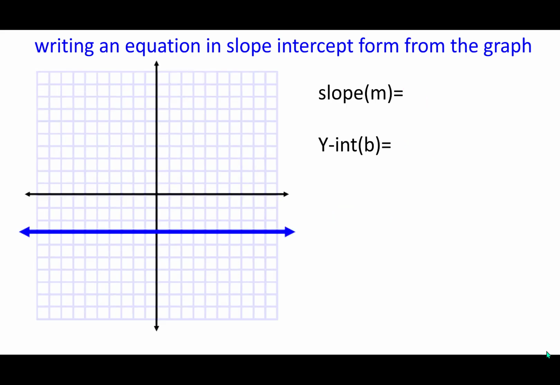All right, so let's talk about a couple special cases we have when we're writing equations from a graph. Okay, what is the slope of this line? Well, I have no rise, right, which is 0, but I do have run. Okay, so that's going to be a 0 slope. What is my y-intercept? Well, we still have a y-intercept, don't we? And that's the point 0, negative 3.